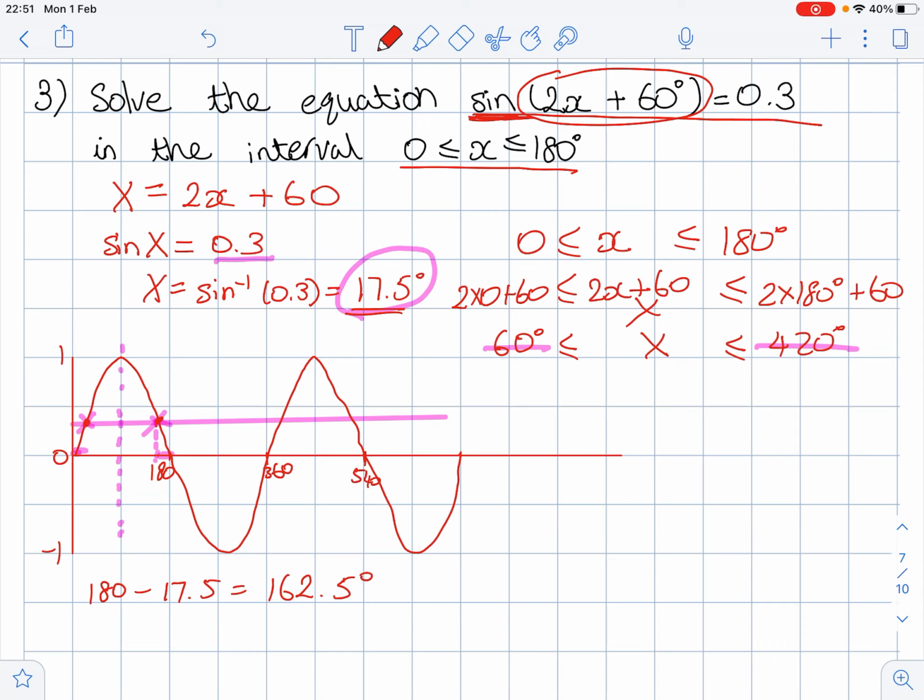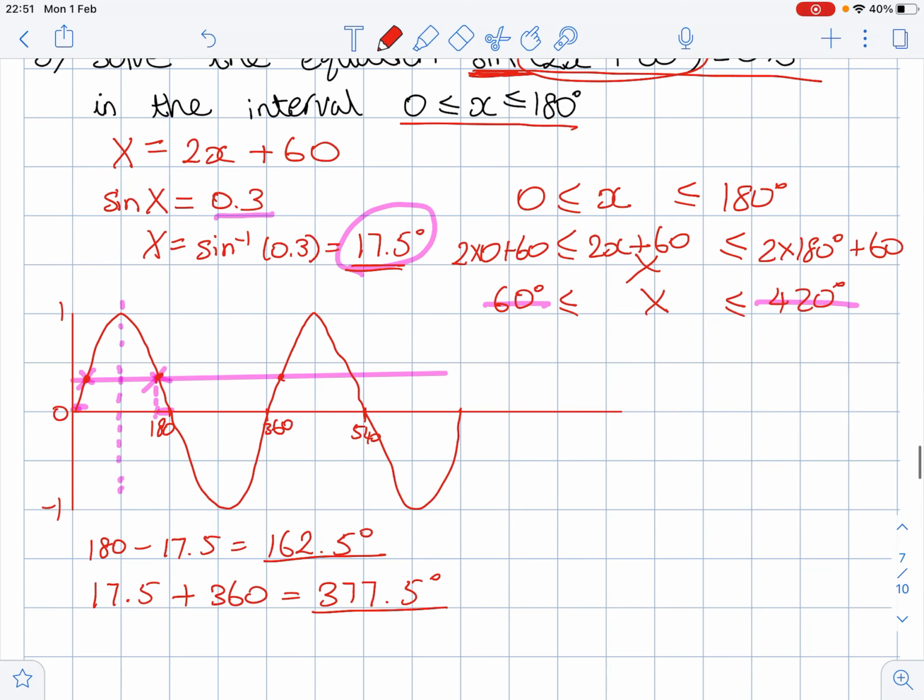So this point here is 17.5. And remember, it repeats every 360 degrees. So I can use 17.5 plus 360, which equals 377.5. And I can also use 162.5 plus 360.